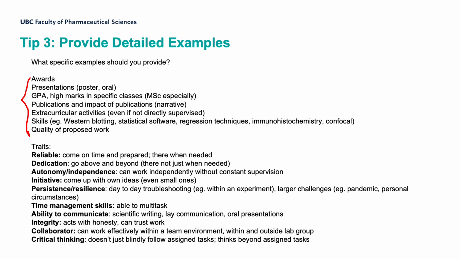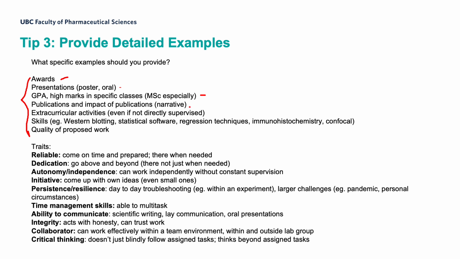And of course, when you're seeking a reference, you should definitely remind your referee about this list of awesome. So: awards, presentations, a GPA. If your GPA is not very high, that's okay. You might just mention some excellent grades in one or two specific classes.